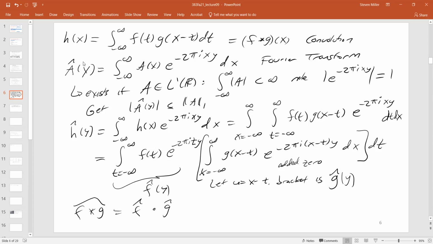So this is an absolutely wonderful result. So the Fourier transform of a convolution is the product of the Fourier transforms.